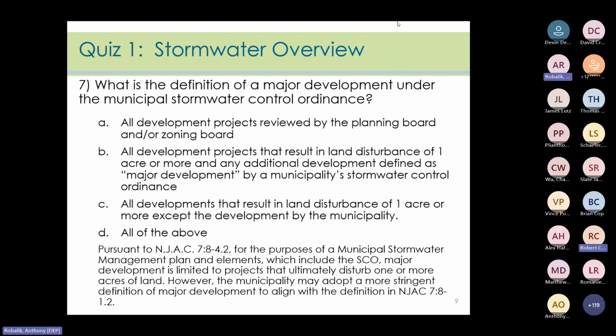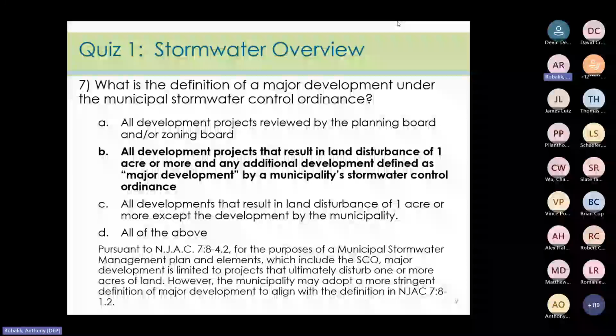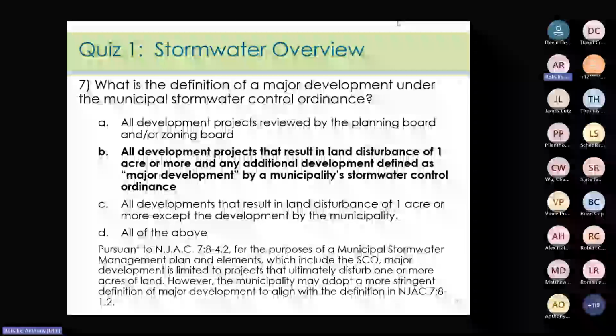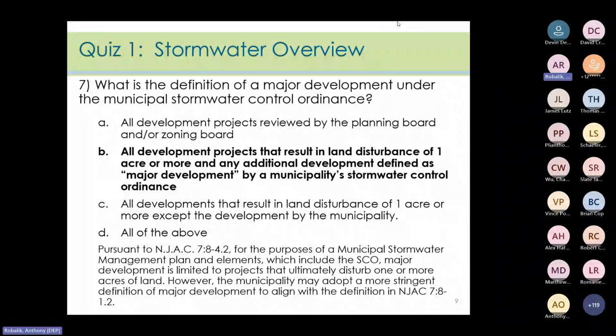All right, moving on to question 7. What is the definition of a major development under the Municipal Stormwater Control Ordinance? The answer to this is B, all development projects that result in land disturbance of 1 acre or more, and any additional development defined as major development by the municipality's stormwater control ordinance.